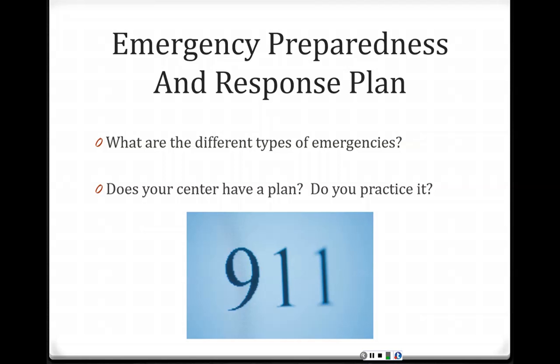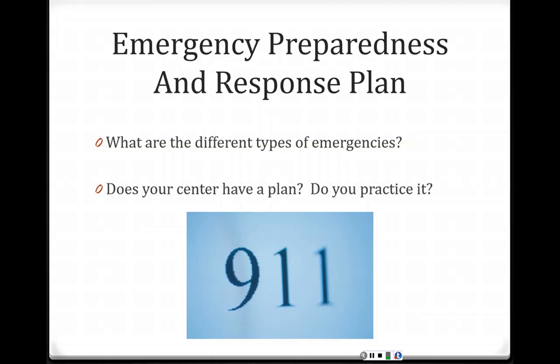So whatever your program's policy is, whatever their procedure is for each one of these emergencies, you need to know that and know what you're supposed to do and how you're supposed to handle each of these emergencies with the children. One of the most important things to remember, should any of these things occur, is to stay calm.